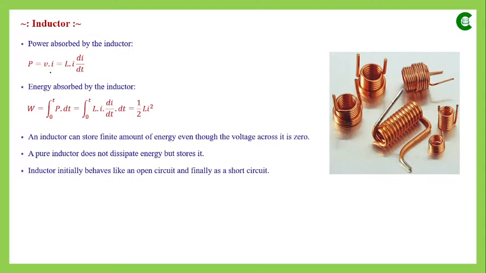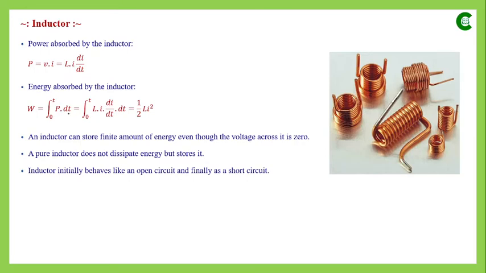Now here, as we have seen, the induced voltage v is L di by dt. That value multiplied by the current value will give us the expression of power, or the measurement of power which is absorbed by the inductor. Now if we want to obtain how much energy is absorbed by the inductor, like we have seen in case of resistor, it is simply the power which is absorbed per unit time.